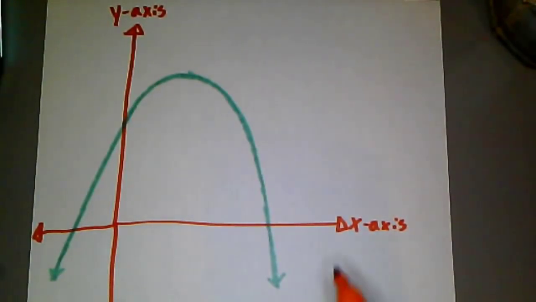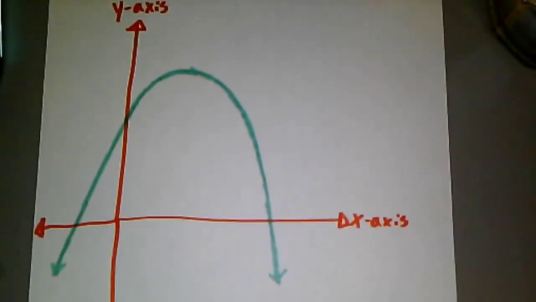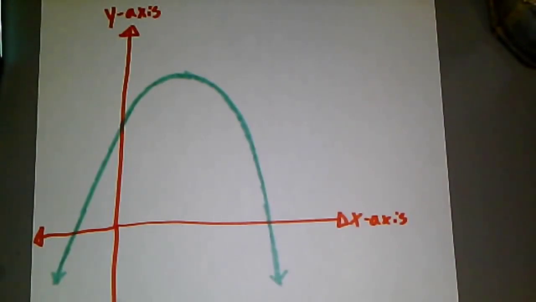Okay, so our generic graph, and we have a parabola, right? If you're thinking, hey, this looks like the graphs we did in Desmos when we did the coyote problem, you're right, that's exactly what this is. So this is going to be an example of the coyote problem.